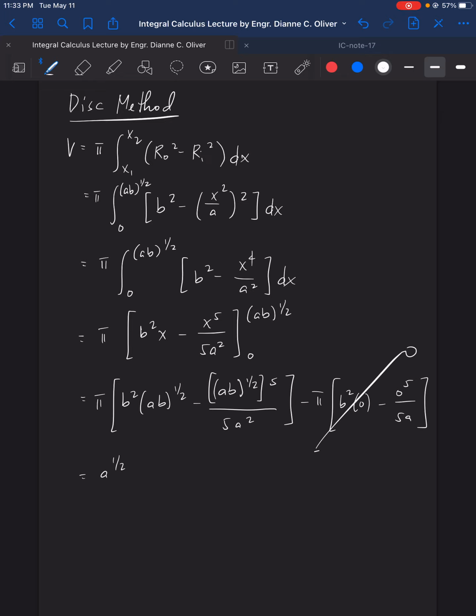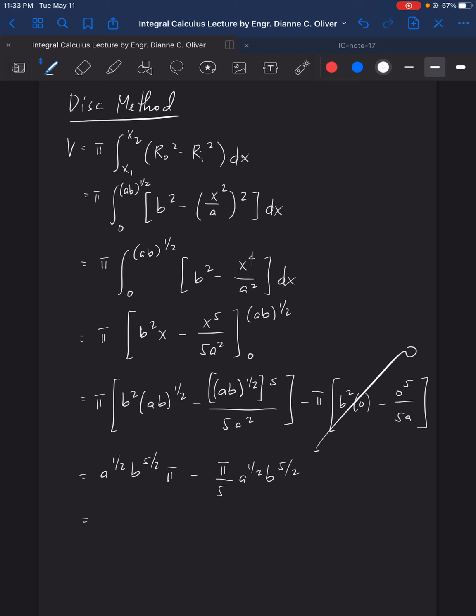then b raised to 5 halves pi minus, this is pi over 5. What becomes with a is, so 5 minus 4, so a raised to 1/2, then b is raised to 5 over 2.